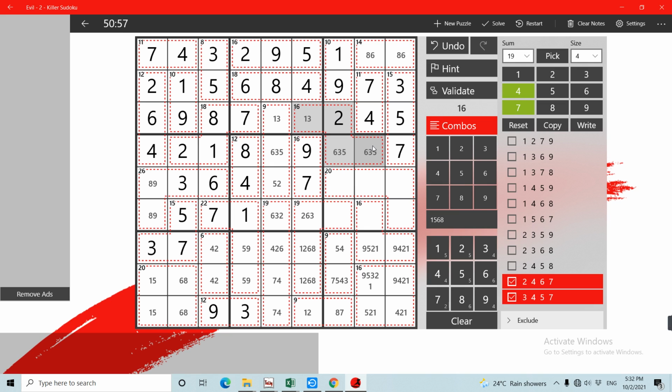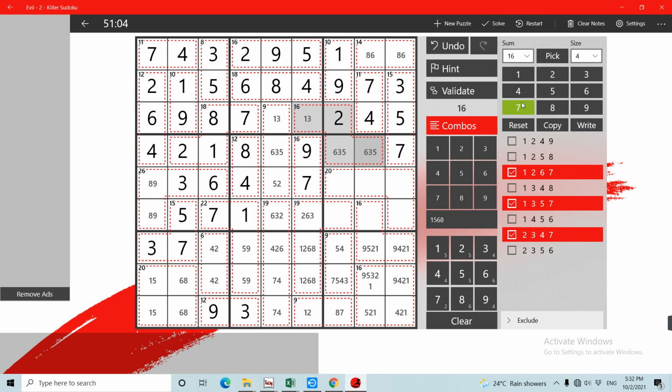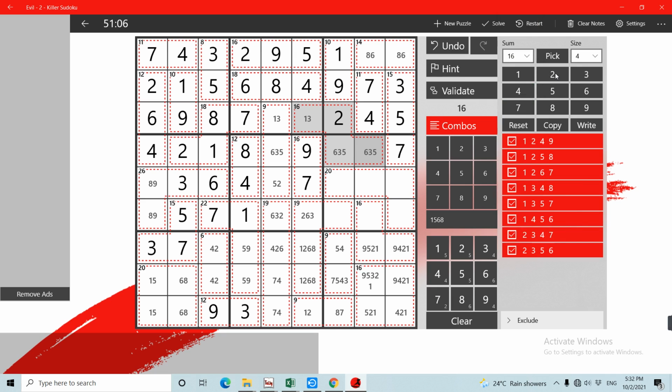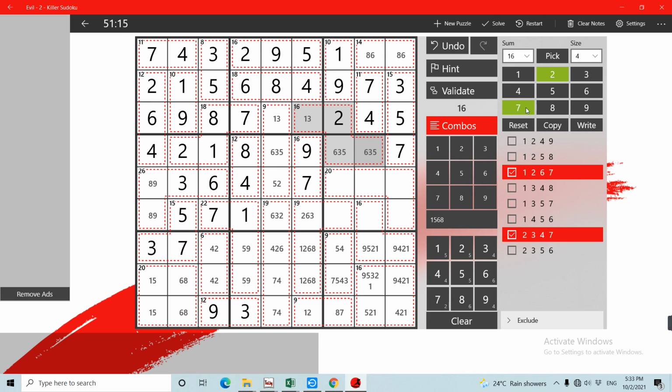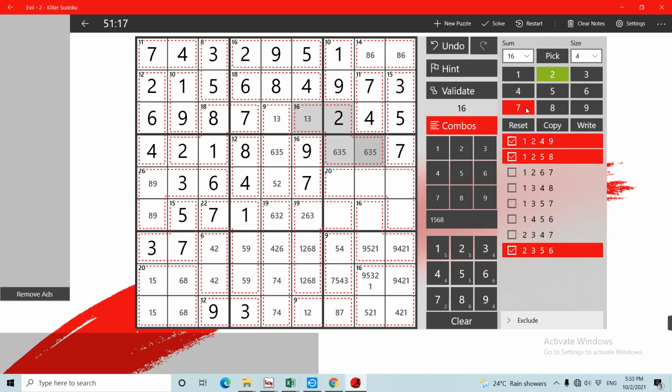Now let's take a look at this. This I think will solve a lot of issues. 16, which must have a 2, and cannot have a 7, cannot have a 9, and cannot have an 8.